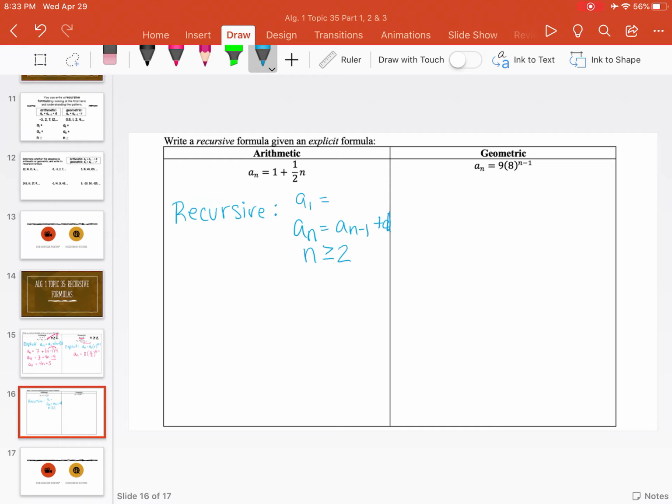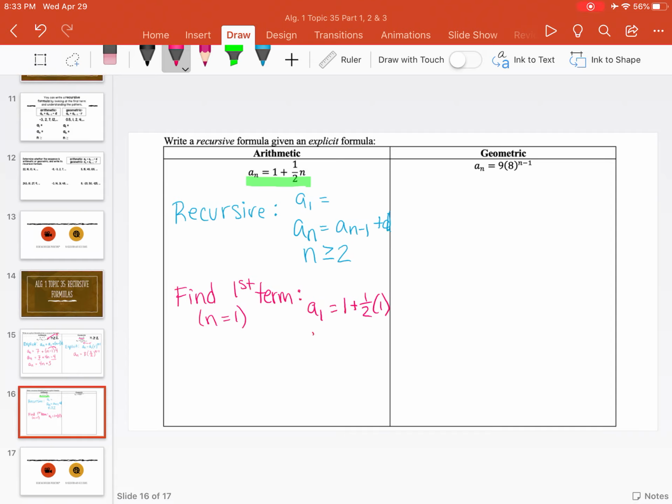Now with this explicit formula, we don't know the first term right off the bat, but we can plug it in. So we're going to find the first term. Because it's explicit, we don't need to worry about having the second term and up. We can just plug in 1 for n. So I'm going to get a sub 1 equals 1 plus 1/2 times 1. Again, all I'm using is this original given explicit equation.